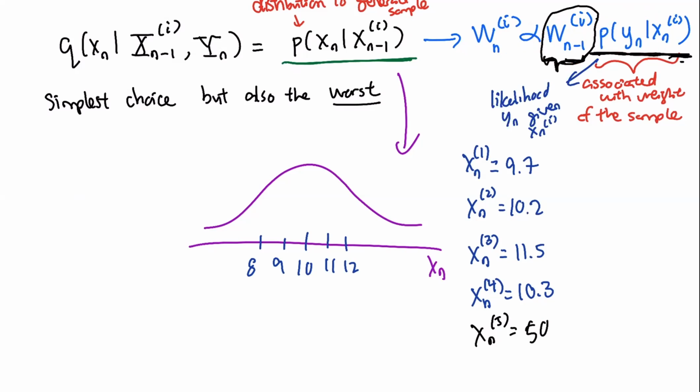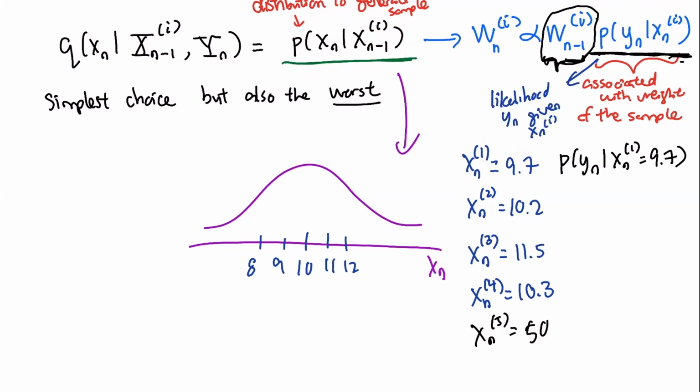So the thing is, when you generate this, you generate according to this transition probability, this xn given xn minus 1. But it could be the case that this state actually gives you a very low likelihood, because this distribution does not take into account the observation. When I generate my state, I don't take into account the current observation.